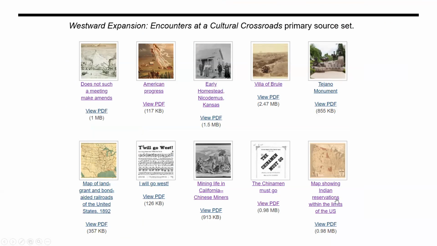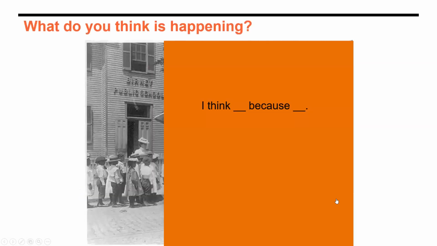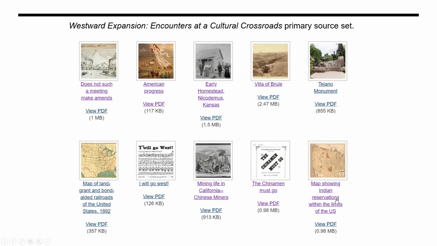Not that you'll find everything you want, because we're not magic workers, but we do build these with an awareness of topics that appear across many curricula, as well as an understanding of what the library's online collections hold. So I just wanted to do a quick commercial for the primary source sets. And again, this is a path toward further exploration of Westward Expansion. So a couple of options there.